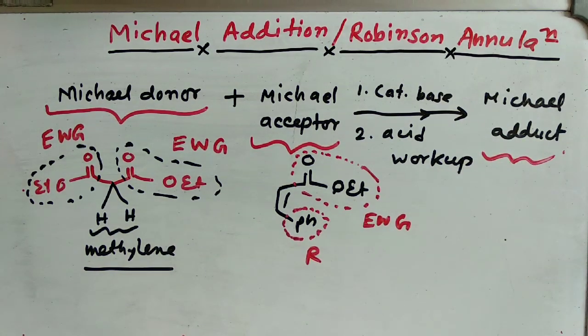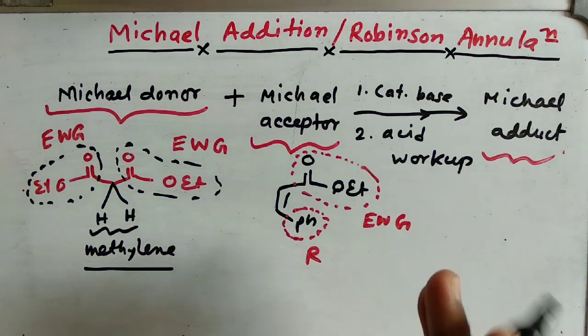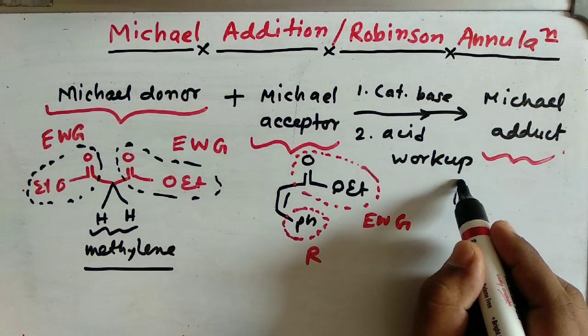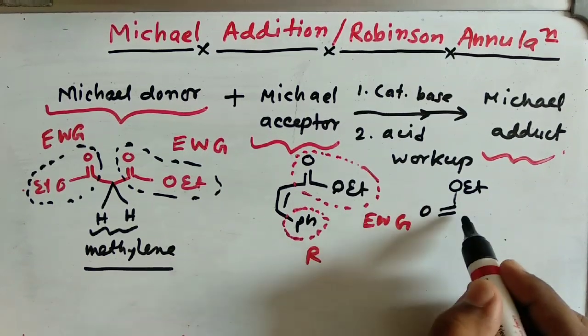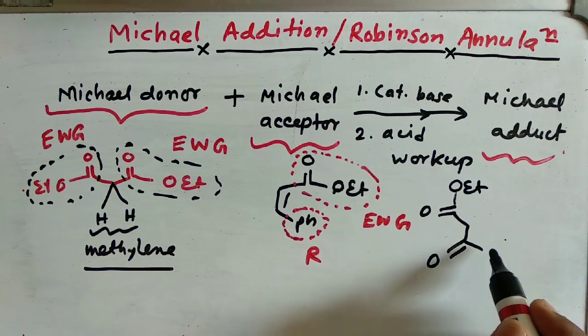So what is a Michael adduct? Michael adduct means, when these two react, the product we get is called the Michael adduct. This kind of product, and how we get it, I will be discussing in the mechanism section.